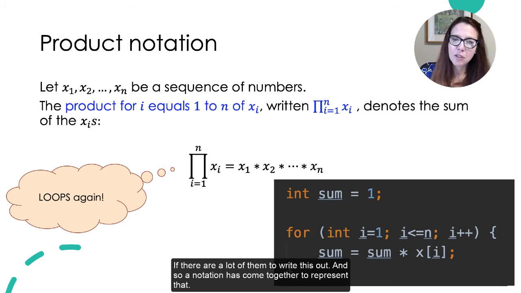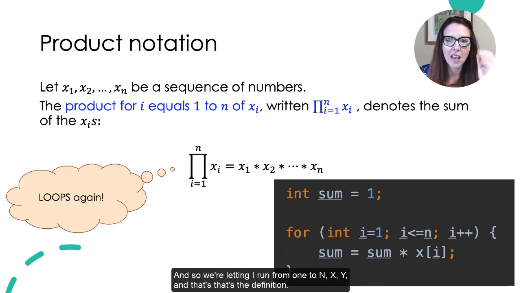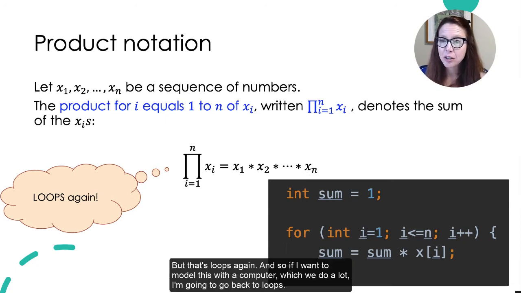And so a notation has come together to represent that, and that is this thing that looks like a giant pi. And so we're letting i run from 1 to n, xi, and that's the definition. So now that we see that, we think, well, wait, I'm letting i run from 1 to n, but that's loops again.